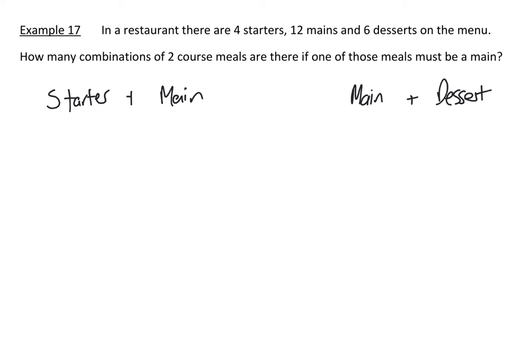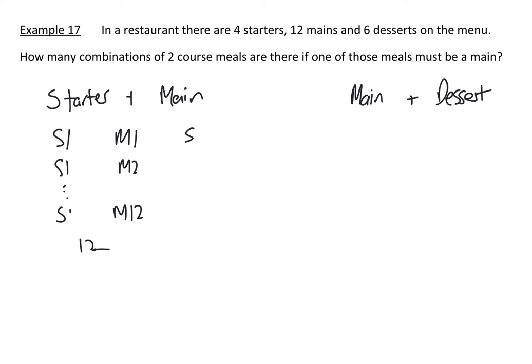If we're looking at the starters and the mains, there's 4 starters and 12 mains, so you could have starter 1 with main 1, starter 1 with main 2, all the way up to starter 1 with main 12. So that's a total of 12 different options.